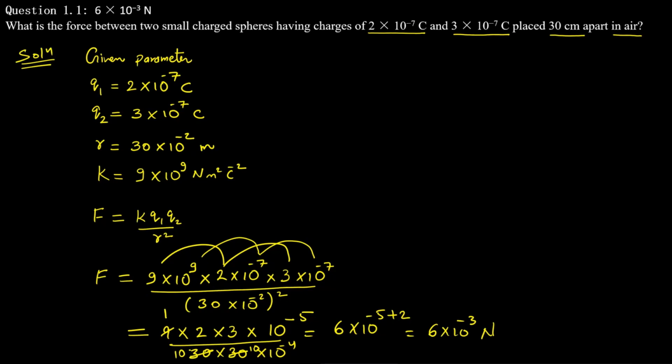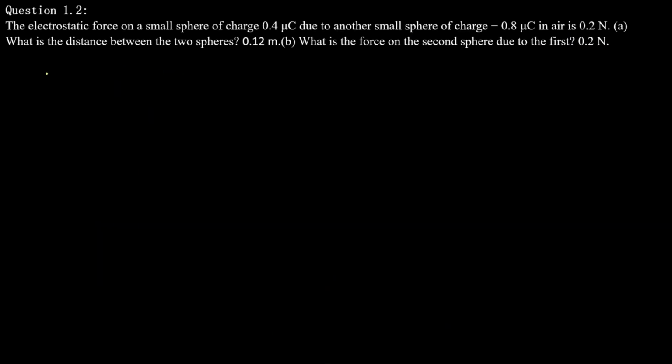Note down quickly. Next one: the electrostatic force between the charge of 0.4 microcoulomb due to another small sphere of charge minus 0.8 microcoulomb in the air is 0.2 Newton. What is the distance between the two spheres? And what is the force on the second sphere due to the first one?